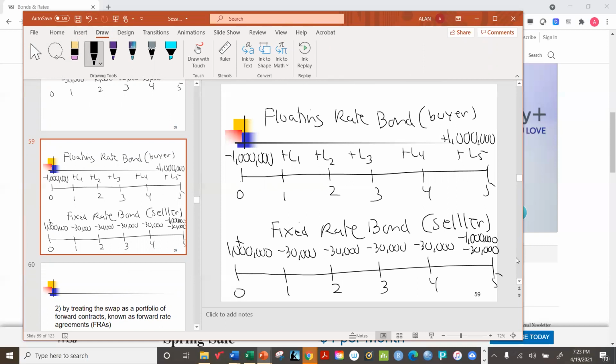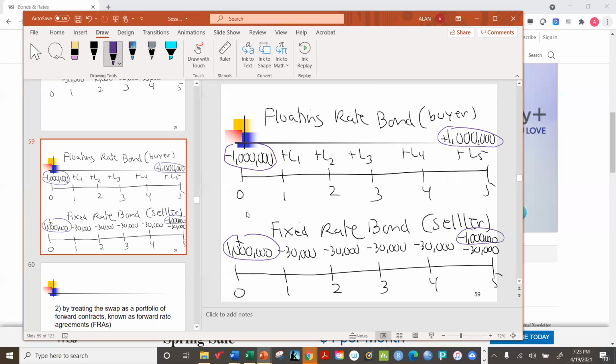Now, what I would like you to notice is that if you look at the cash flows on the top and the bottom, some of them cancel each other out. In particular, these cancel each other out, and these cancel each other out.